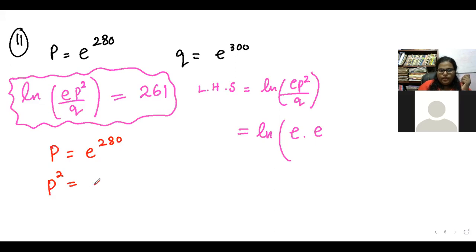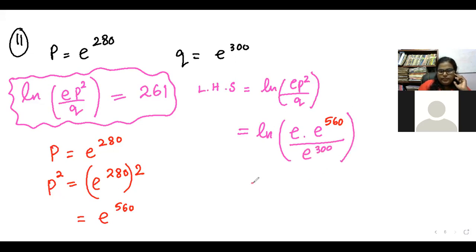So we have to write 280 square. So there is a power of a power, so we can write this as e to the power 560. This is P square, and we can write this Q as e to the power 300.